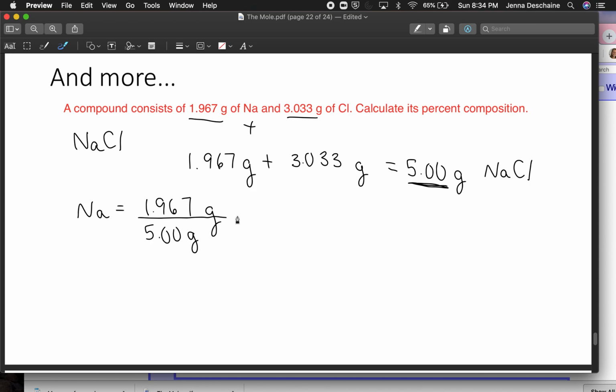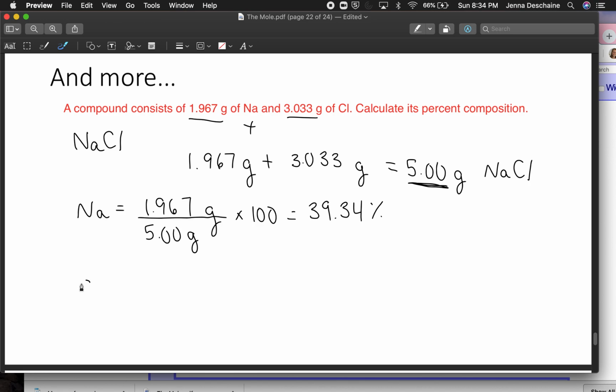I'm going to multiply that by 100 to get my percent. When I take 1.967 and divide it by 5, and then multiply that by 100, I get 39.34%. So that means in this particular sample of sodium chloride, 39.34% of it is made up of sodium by mass.